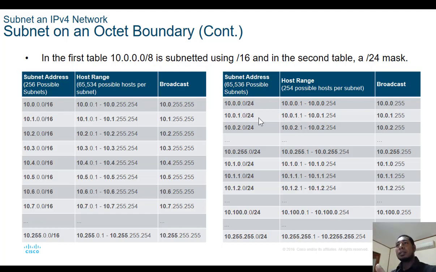The second subnet will be 10.0.1.0, and then we have 10.0.2.0, up to 10.0.255.0, then 10.1.0.0, 10.1.1.0, 10.1.2.0. So it goes until we end up with 10.255.255.0. That will be the last subnet.